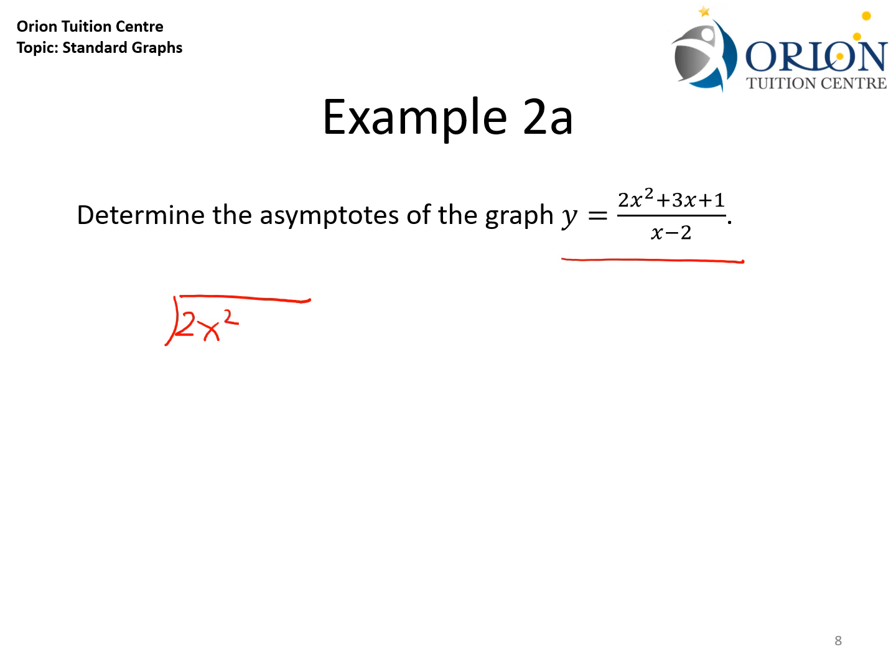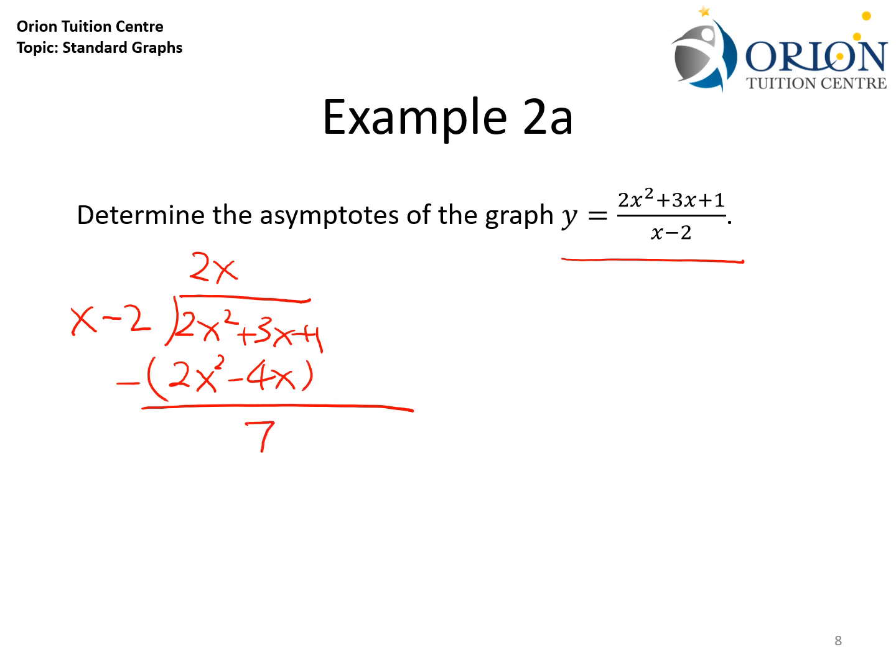2x² + 3x + 1 divided by x - 2. We need a 2x outside, and this gives us 2x² - 4x, and therefore we have 7x + 1, and we need a plus 7 outside. We have 7x - 14, and therefore we end with 15.